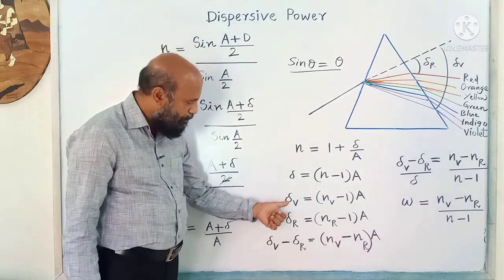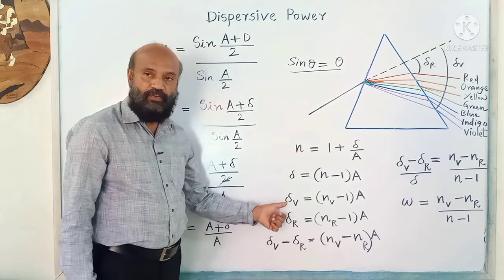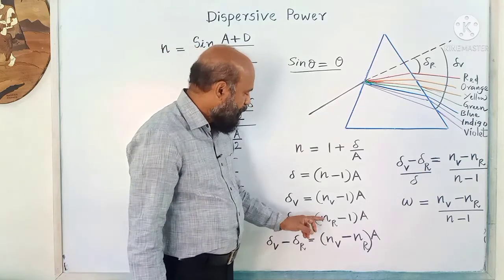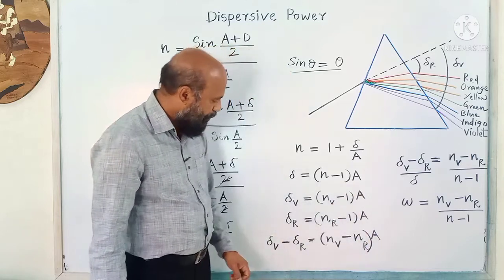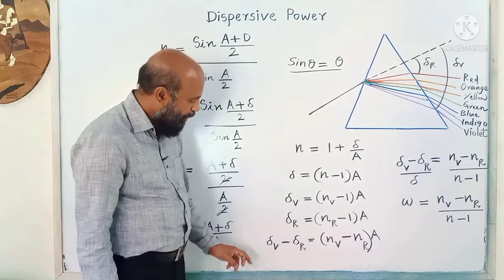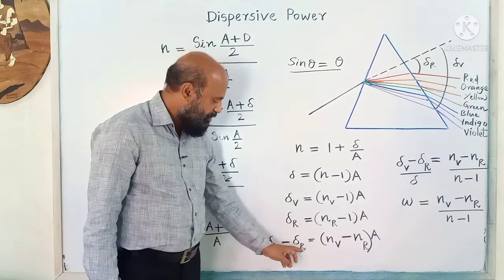So you subtract delta R from delta V. So delta V minus delta R is equal to (nV minus nR) into A. This term is called angular separation for two extreme colors, violet and red.